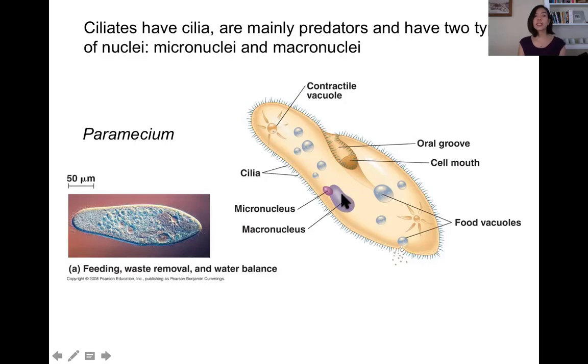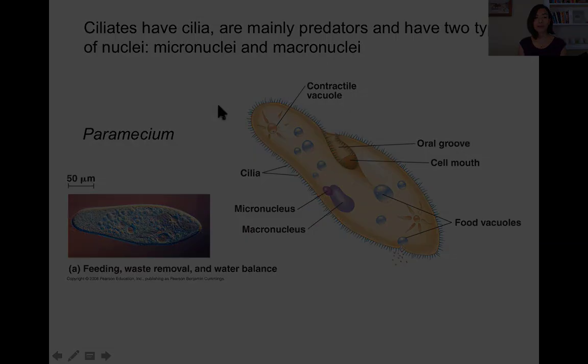It's quite interesting. This is one example, Paramecium. They also have a contractile vacuole that they use to excrete things that they don't need. And they are mainly predators, eating other protists or prokaryotes.